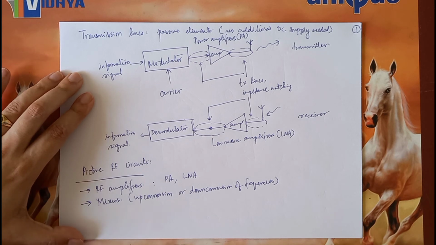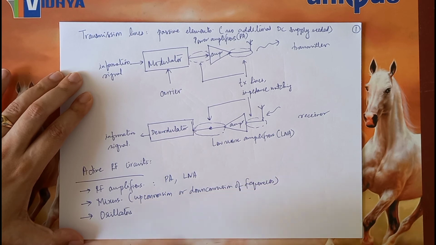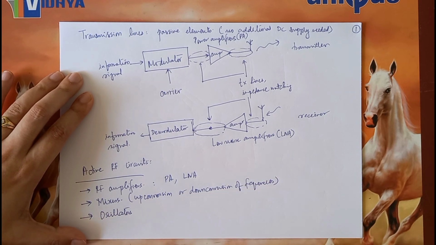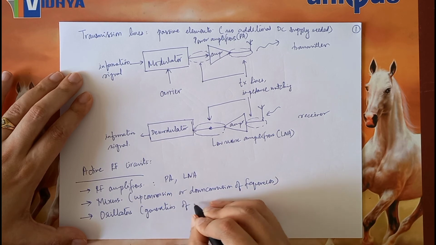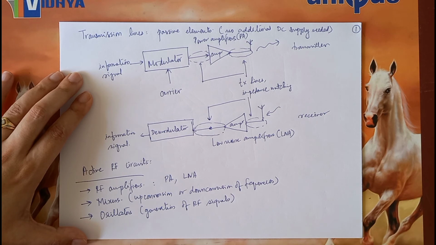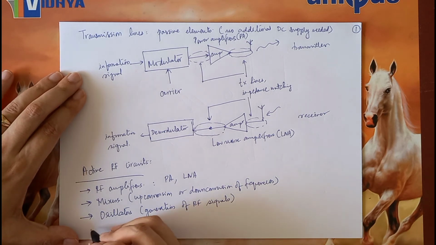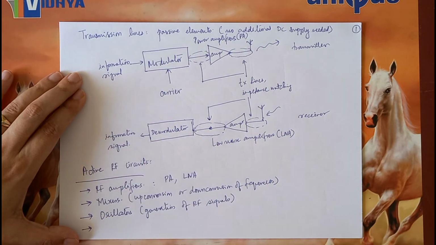Anything else? We have oscillators also. Oscillators are essentially circuits which can generate RF signals, that is, generation of RF signals. Any other example? Ultimately, when the information signal is there, it is not in its purest form, so it has to be detected using a detector.